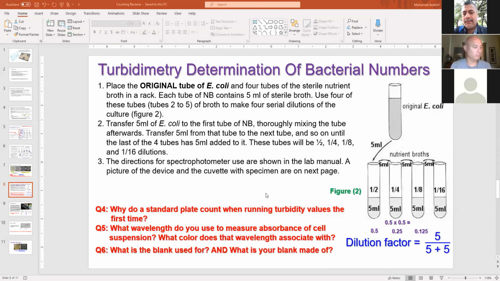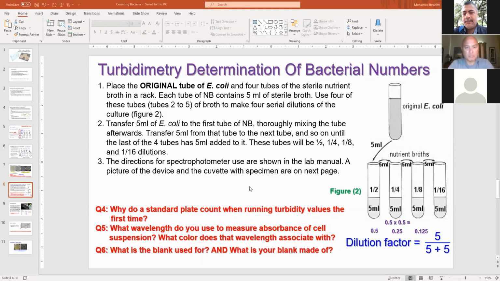If I'm doing this routinely, like every couple of days you come with an E. coli culture under the same condition and ask me the same question, it doesn't make sense to run both a standard plate and turbidity every time. So usually I first do a standard plate count for the culture to get the colony forming units per mL, okay?